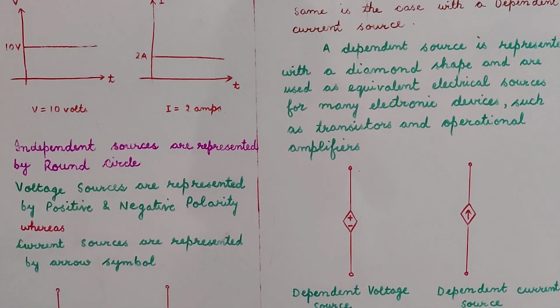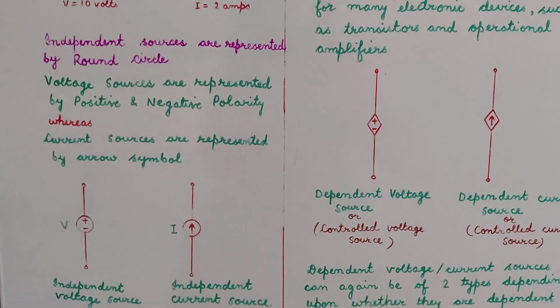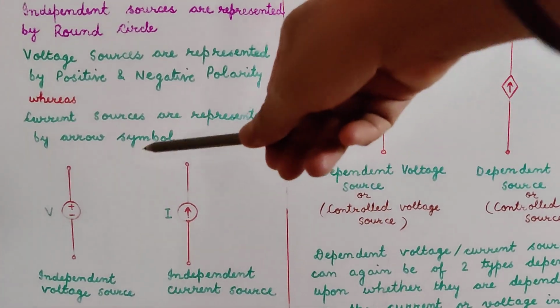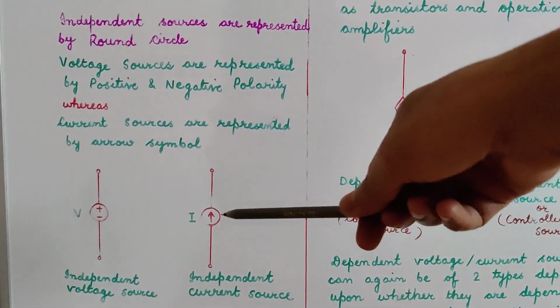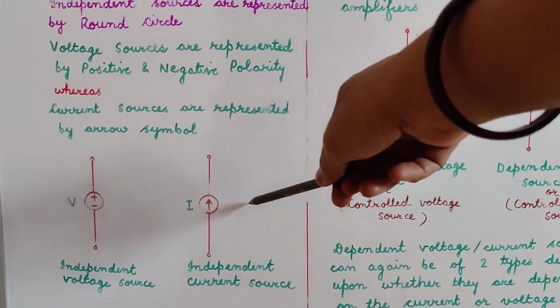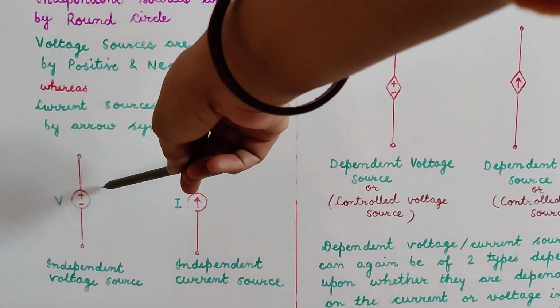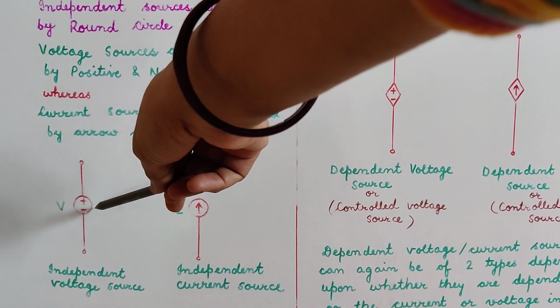So, if we want to represent an independent voltage source, then it can be represented by a circle having two terminals. So, this is an independent current source and this is an independent voltage source, because this is a voltage source because it has been represented by plus and minus polarity.